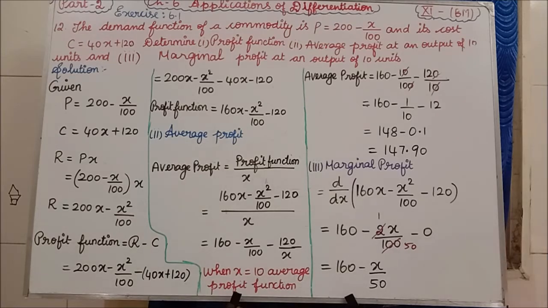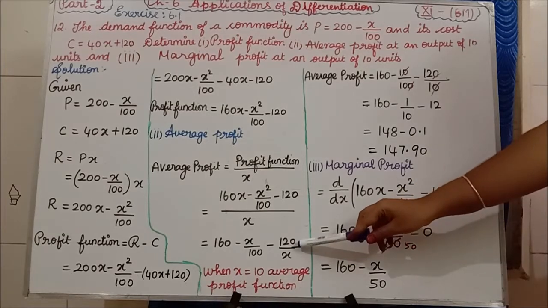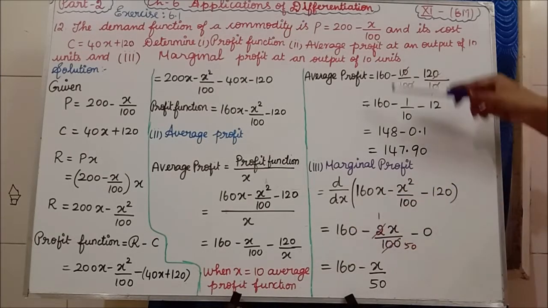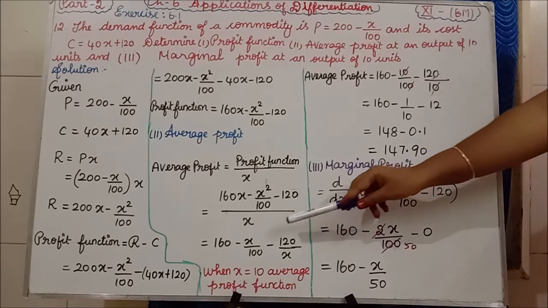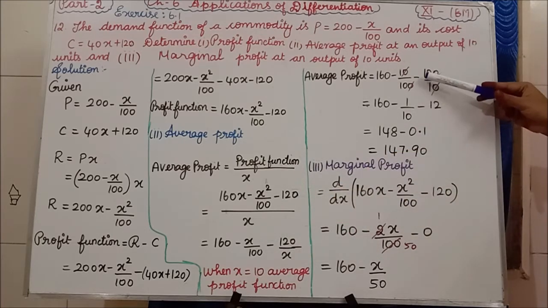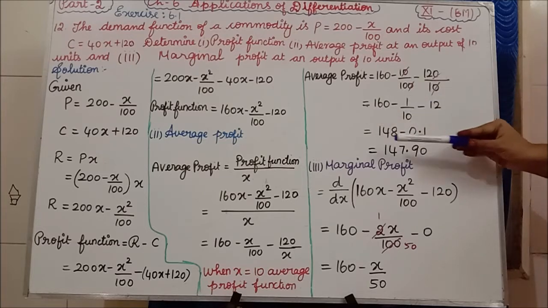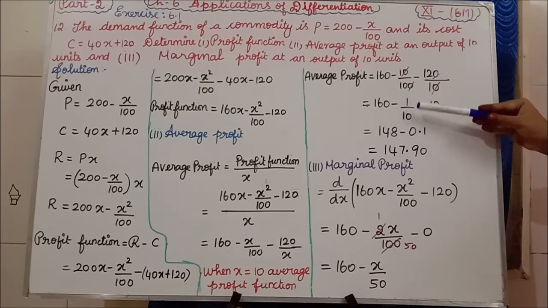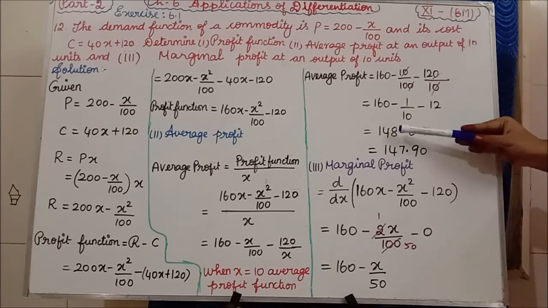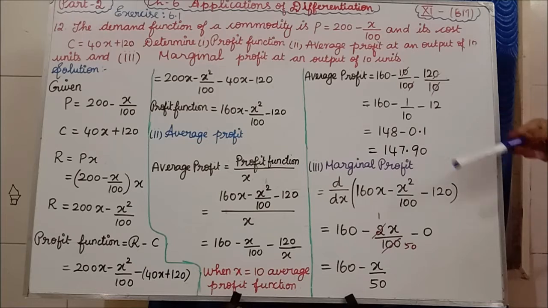Average profit is equal to 160 minus x, so 10 divided by 100, minus 120 divided by 10. 160 minus 1 divided by 10 minus 12. 160 subtract 12, we get 148, minus 1 divided by 10 is 0.1. 148 minus 0.1 is 147.90. Clear all of you this question?